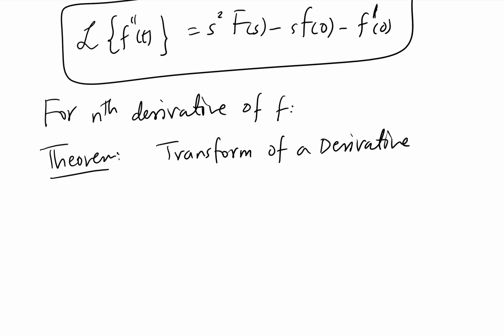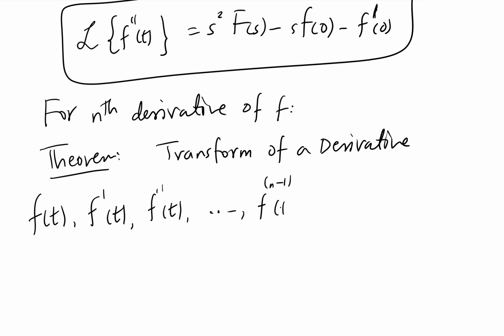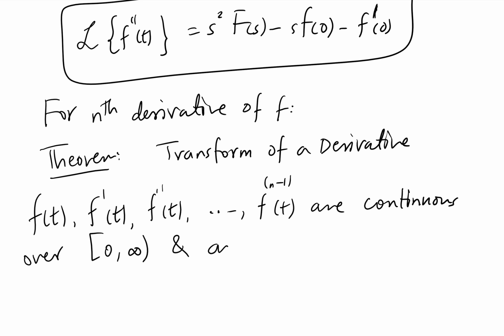Under specific conditions, that f of t, f prime of t, f double prime of t, all the way up to the (n minus 1)th derivative of t, all these derivatives are continuous over the interval 0 to infinity and are all of exponential order.